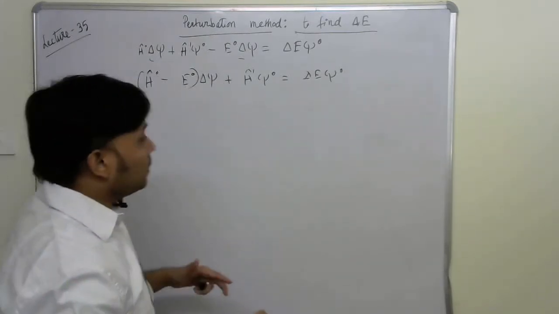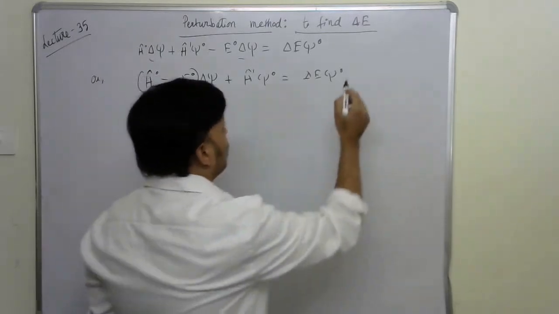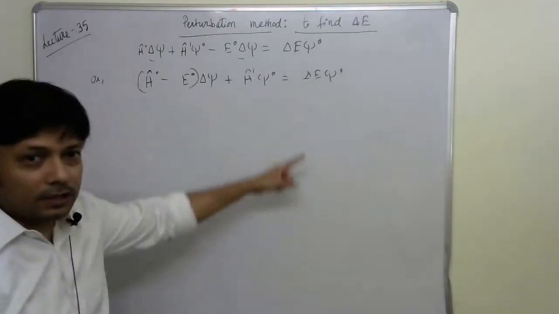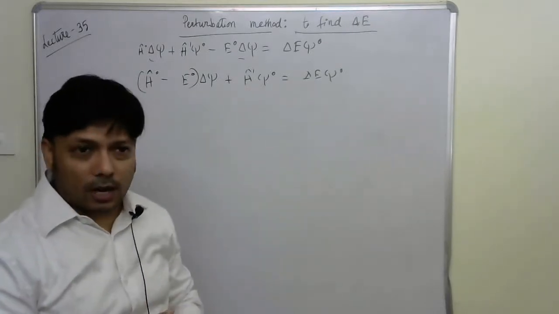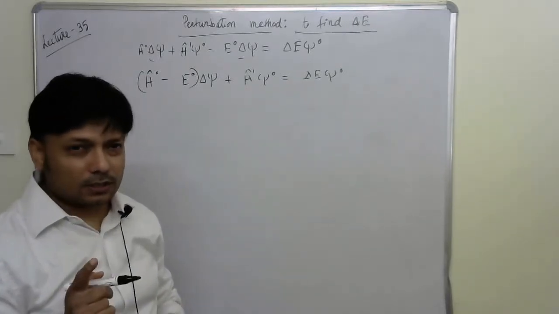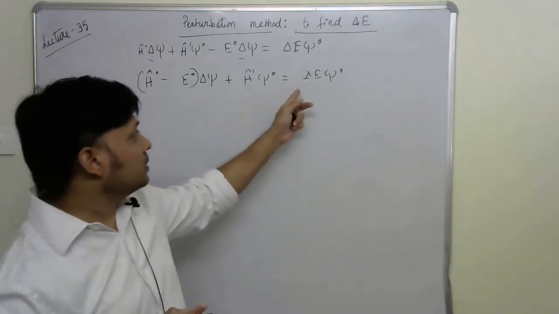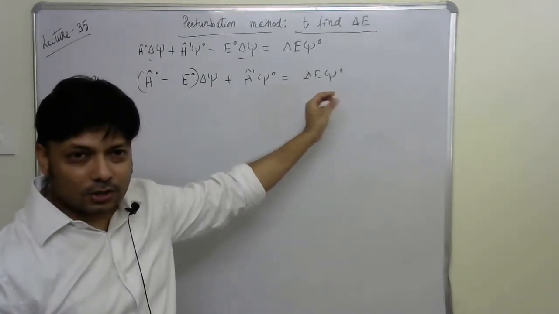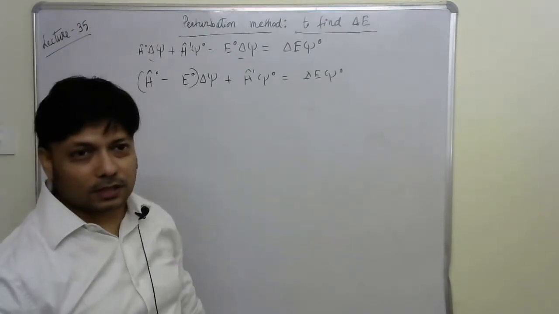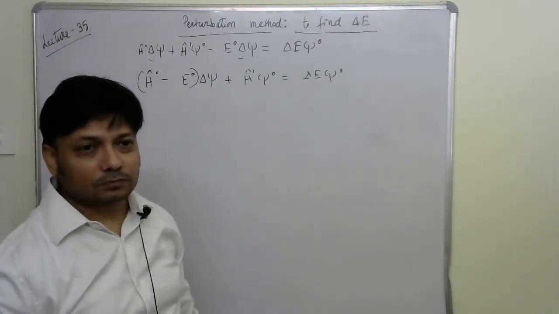Now, once again, we need to find delta E. And here on the right hand side, we have delta E multiplied by psi naught. The question is, from this, can you vanish psi naught so that only the delta E term is there?